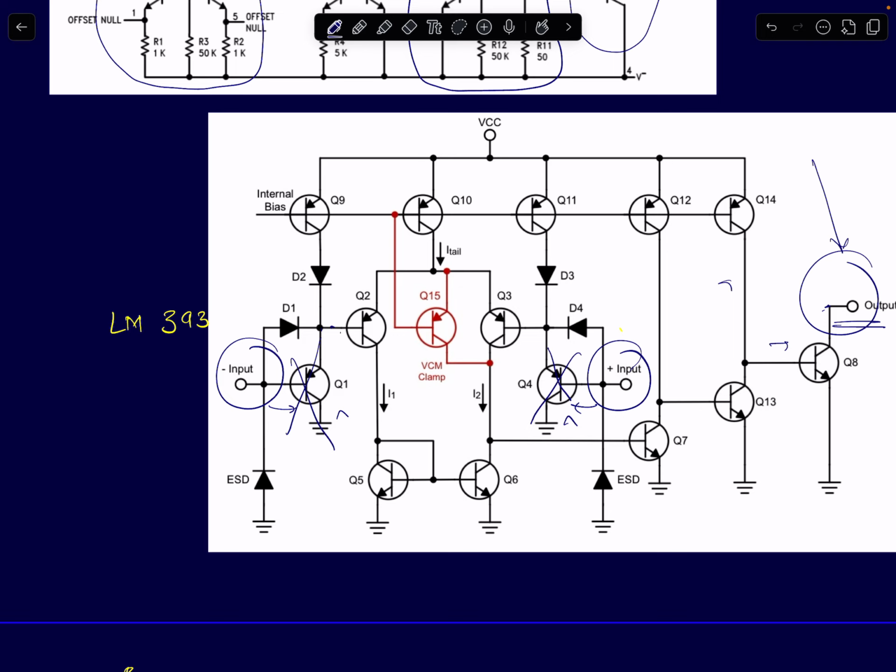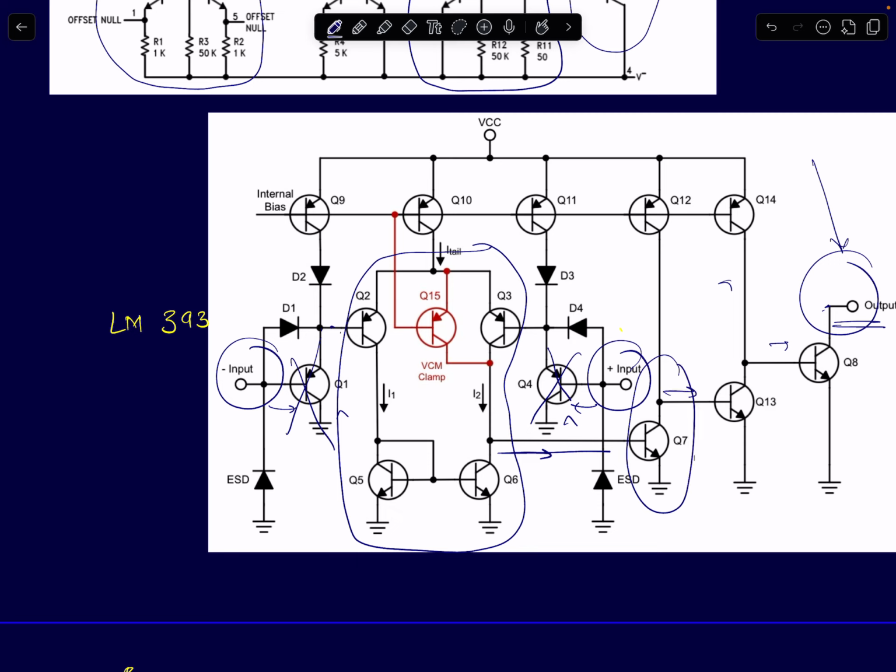The input signal then goes to your common emitter differential input pair. It's a PNP input pair, but it's a common emitter differential pair which will give you very high gain. It converts the differential input to a single-ended output, and this single-ended output is fed to a common emitter amplifier again, which is a high gain amplifier.